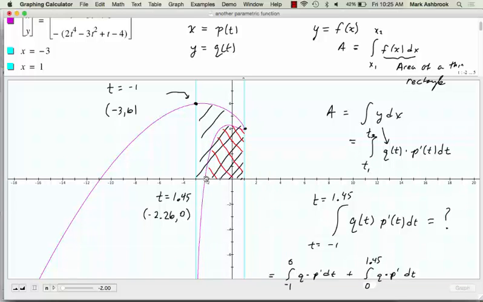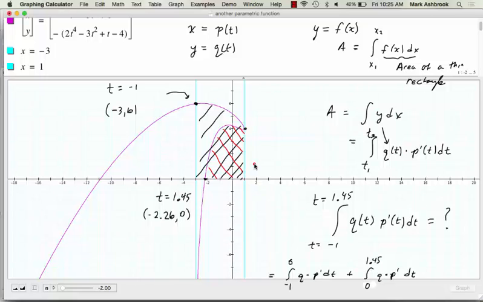What are the x values doing? Decreasing. So this will give what kind of value? It's going to give the opposite of that area because x is going to the left. You see? So when x goes to the right, that's our standard integral. We get the positive area if the function is positive. But now x is going to the left as t goes from 0 to 1.45. So it's going to calculate that area, but it's going to be the opposite of it.